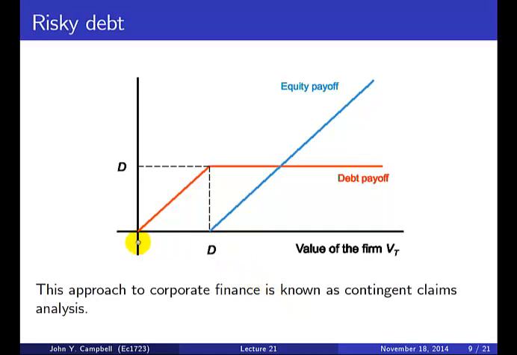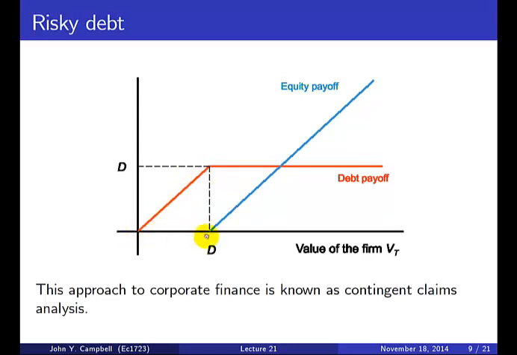So one can actually draw the payoff diagrams to the debt holders and the stockholders like this. The debt payoff is the red line. If the value of the firm on the horizontal axis exceeds D, then the debt holders get D, the promised amount. It's a flat line. But below D, they get the 45-degree line because they're getting all the value in the firm.